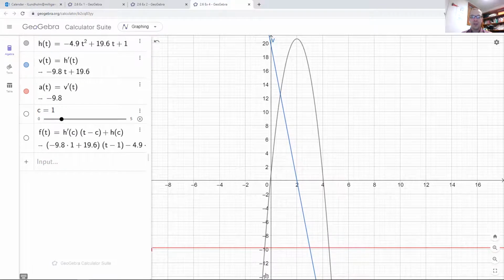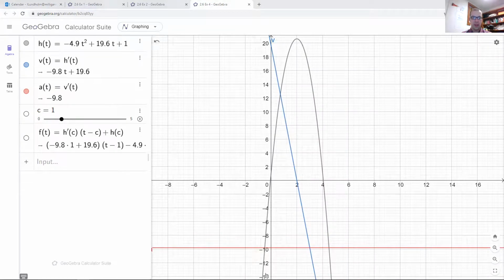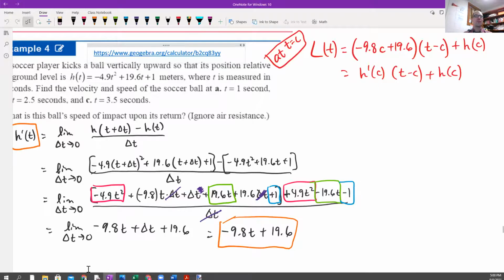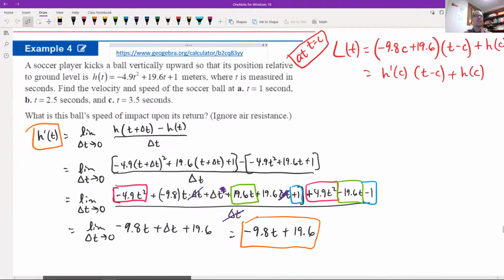One note, when we're doing these projectile motion problems where we have something flying through the air, it is not a coincidence that we keep coming up with quadratic functions. Quadratic functions are actually really good models of projectile motion, especially when you're not accounting for things like air resistance and stuff like that.